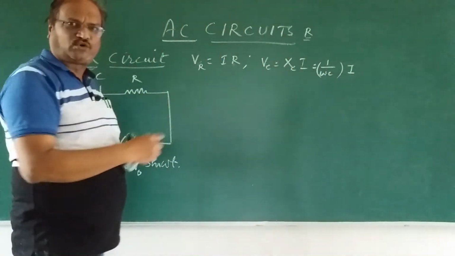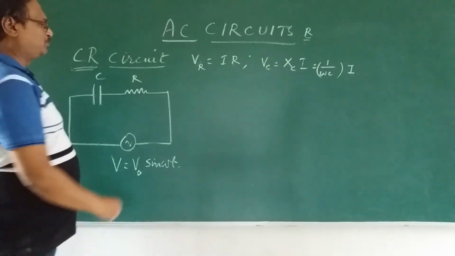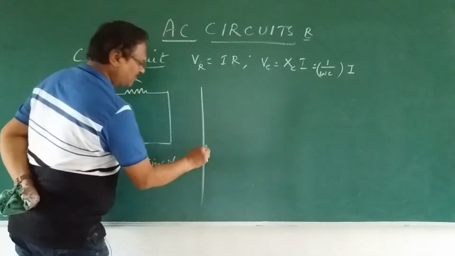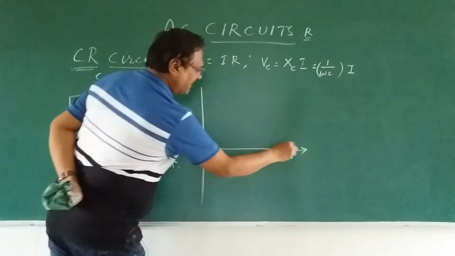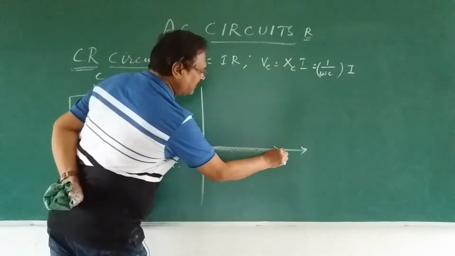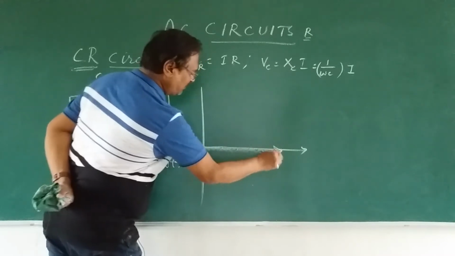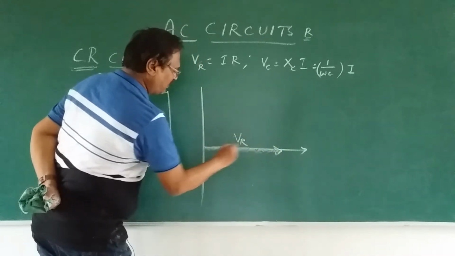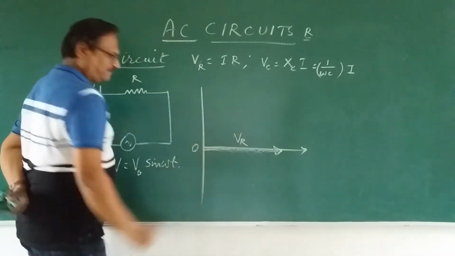This is just a ditto; you can do it yourself also. Again draw the phasor diagram. The X-axis represents the resistance. Taking a particular length, this represents VR. This is the origin.